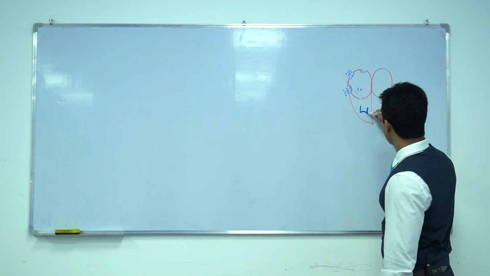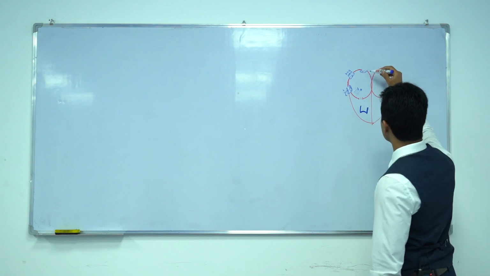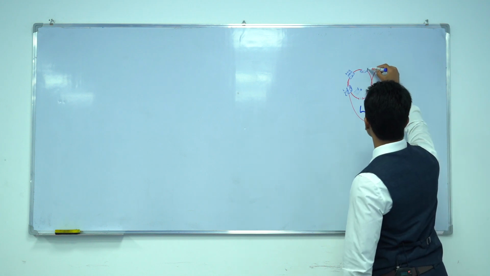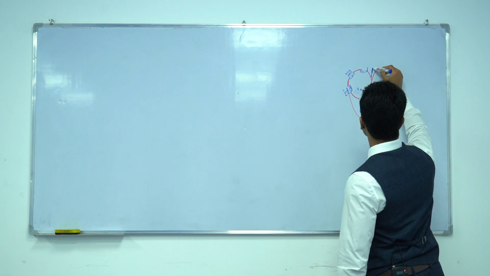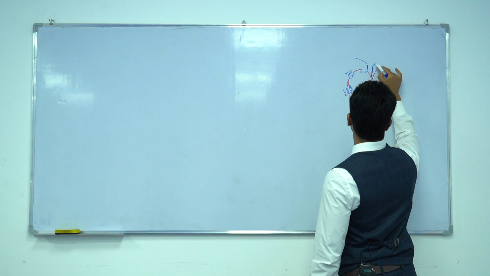So this is now the pulmonary valve. This is also called a semilunar valve, and this is the pulmonary artery.